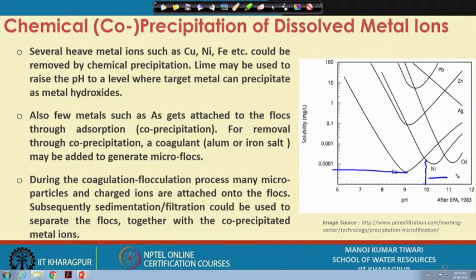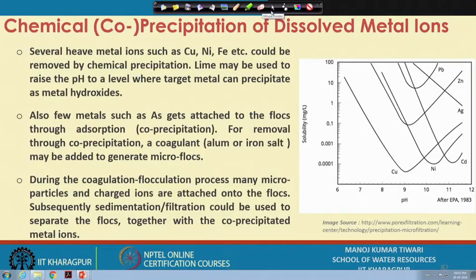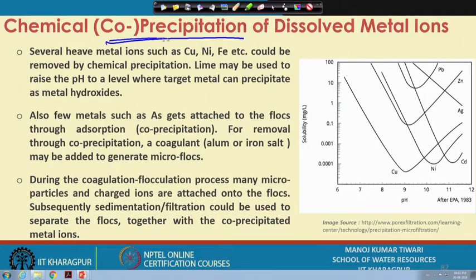There are several other metals, okay, like for say arsenic. These kind of metals do not precipitate in the form of their hydroxides usually, but they can be co-precipitated along with the precipitate of other metals, particularly alum and iron salt. If iron coagulant is added, it will form ferric hydroxide precipitates.